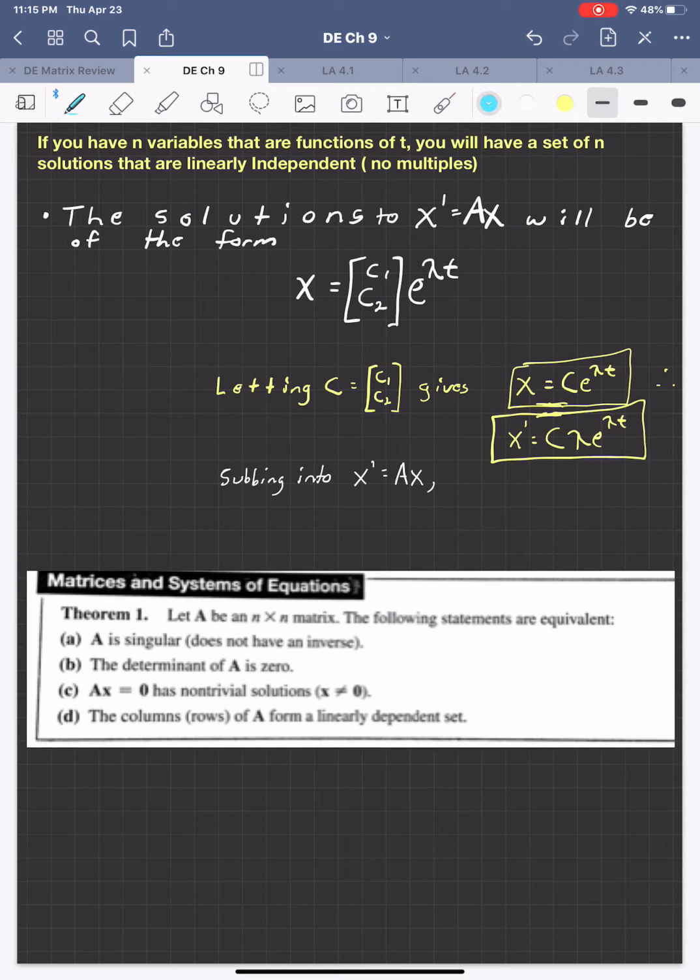Now I want to take a second and discuss each of these little parts here. So let's discuss, what does c sub 1 represent? c sub 1 is some constant of x sub 1. c sub 2 is some constant of x sub 2.